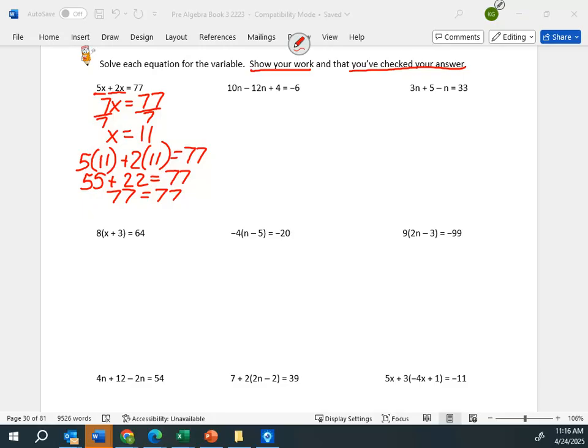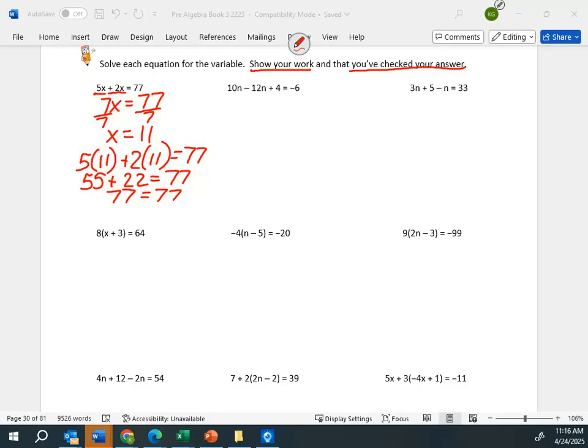So show your work. That's your way of checking on the test. Check your answers. Am I going to mark it wrong if you don't check your answer? No. No, but I'm going to mark it wrong if you did it wrong. And had you checked your answer, you would have found that you made a mistake. Okay? So check your answers.